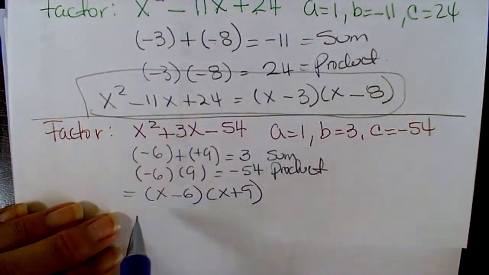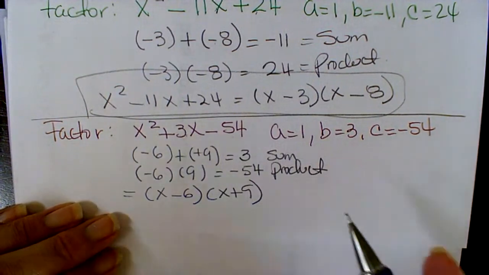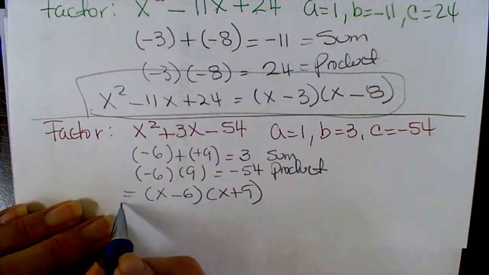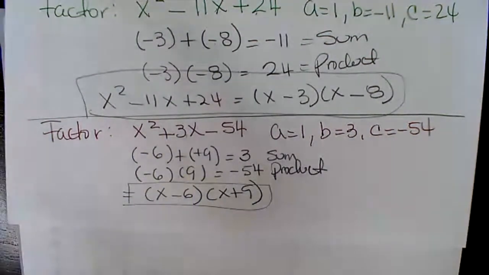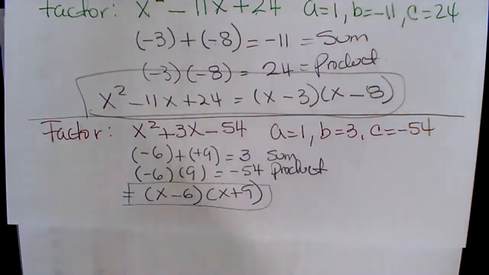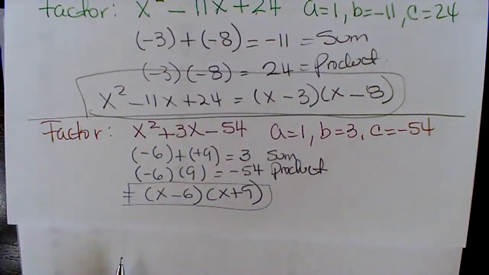Remember, you could write down the x plus 9 first and the x minus 6. And that's going to be the answer. So we just did it using the sum and the product method.